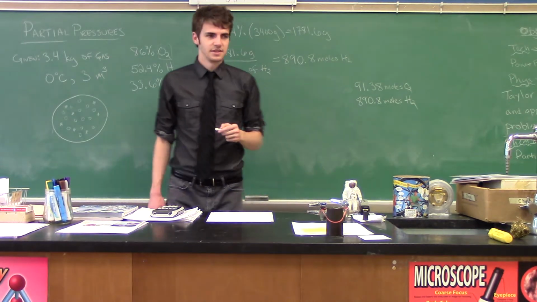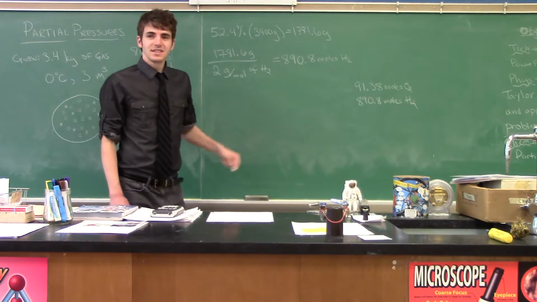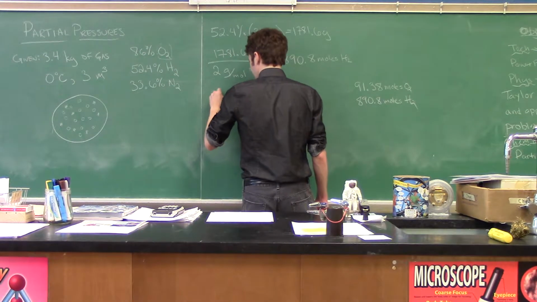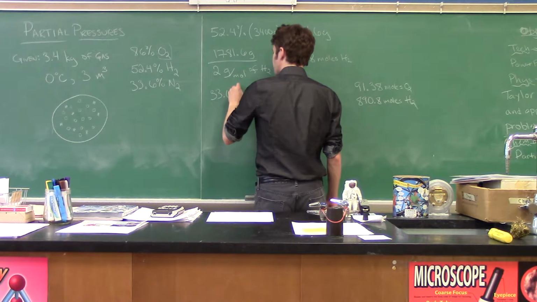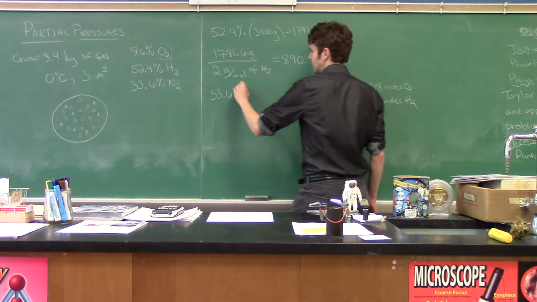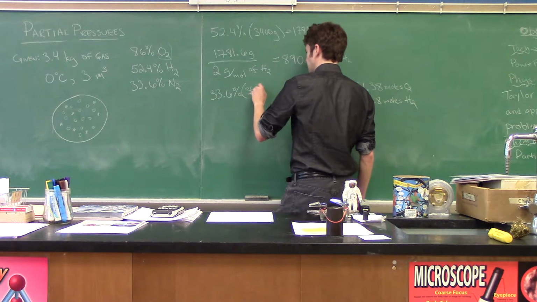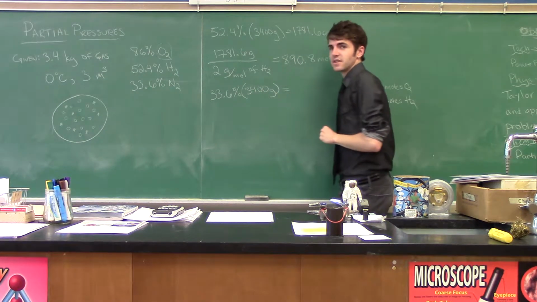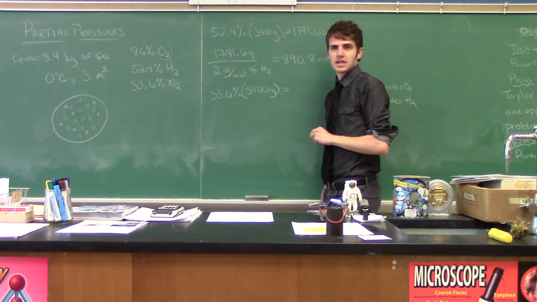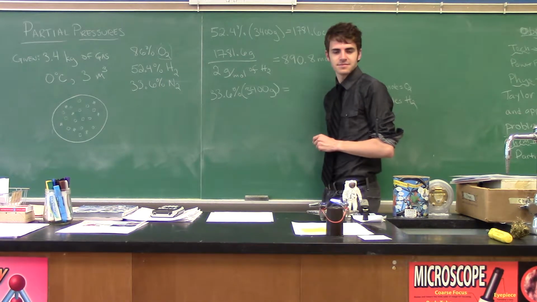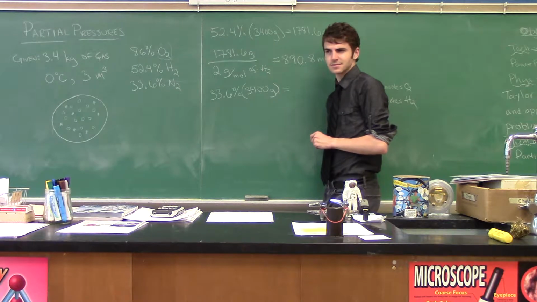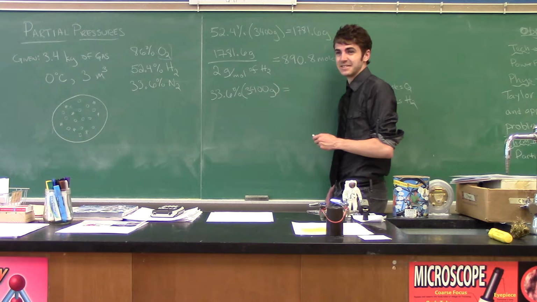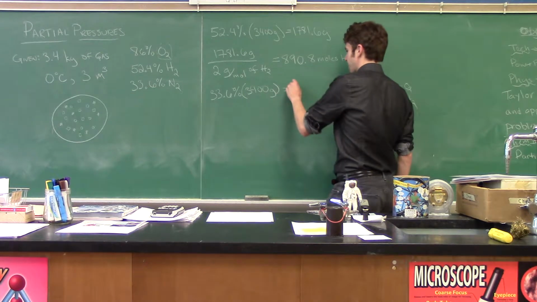Excellent. All right, and lastly, let's do this for nitrogen now. So 33.6% times 3,400 gives us what? Dan? 1,142.4.